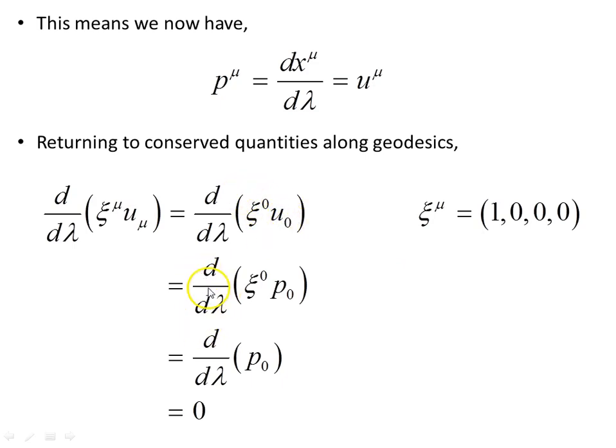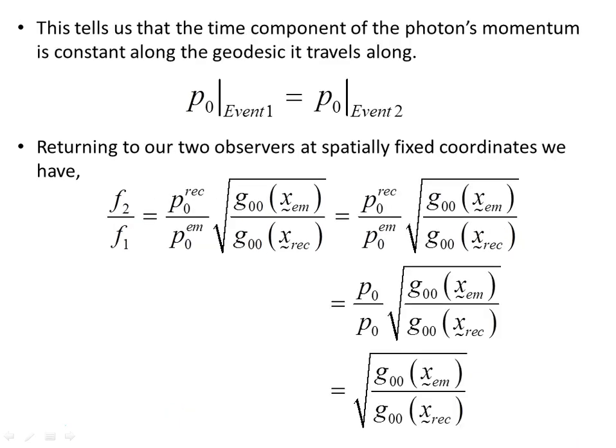So we get dλ of the 0 component of the Killing vector times the 0 component of the momentum. As we can see, the 0 component of the Killing vector is just 1, so it's dλ of the time component of the momentum, and we see that that's 0. This tells us that the time component of the photon's momentum is constant along the geodesic it travels along, and so p0 at event 1 is p0 at event 2.